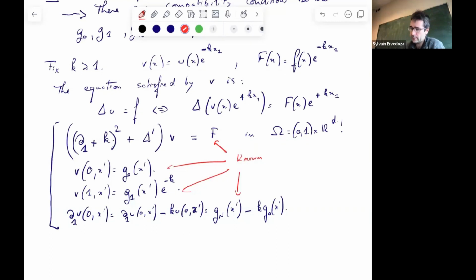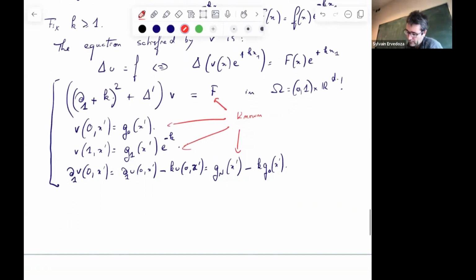Okay, so can we do that? And of course, the answer will be yes. And so the trick will be the same as usual. So we will do a Fourier transform in the x prime variable, right?